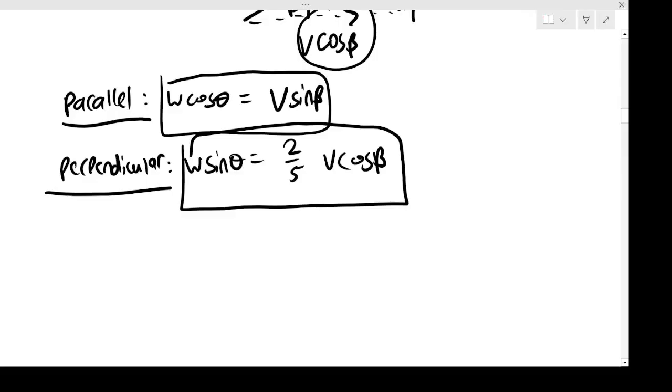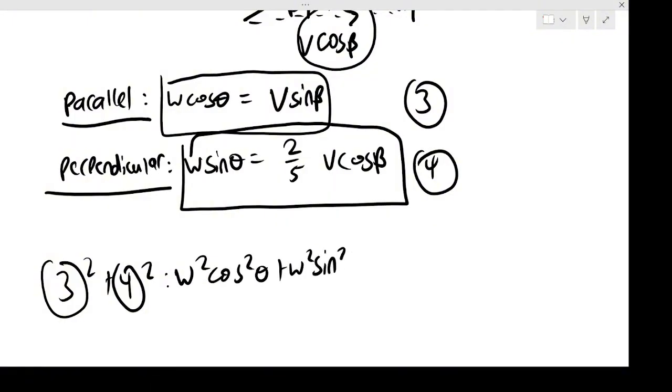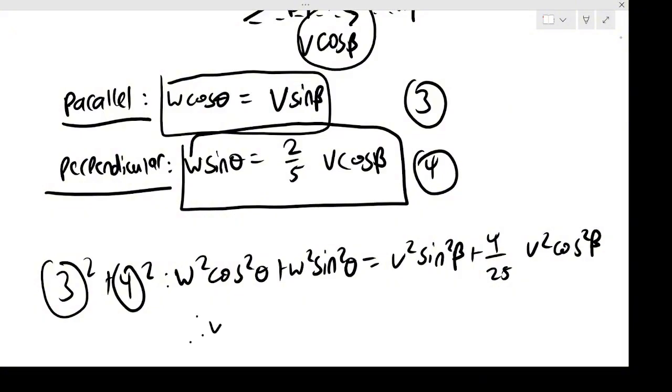Now, if I want to find W, if I call these equations 3 and 4, I can square them. So 3 squared add 4 squared is going to be W squared cos squared theta add W squared sine squared theta. It's going to be V squared sine squared beta add, well, 2/5 will go to 4/25 V squared cos squared beta. And so that'll get me just W squared, as sine squared and cos squared go to 1.